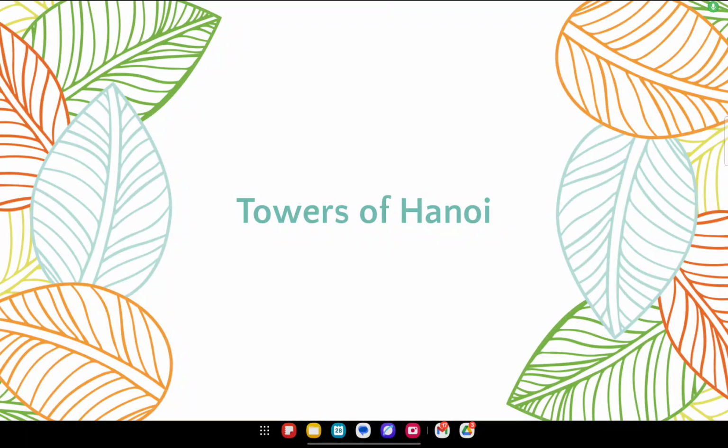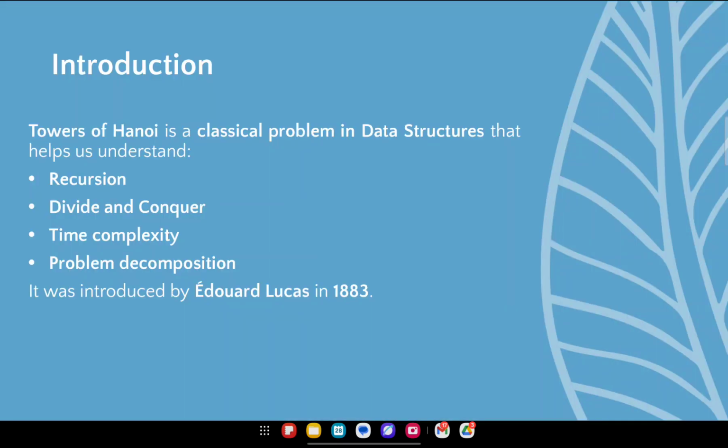We are going to learn one of the most important classical problems in data structures, which is called Towers of Hanoi. This problem is very important because it helps us to clearly understand the recursion concept, which many students find difficult to understand.